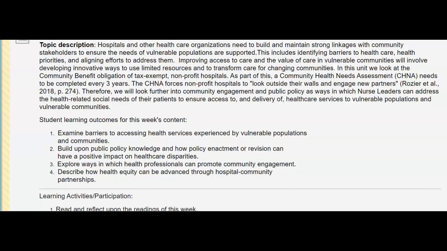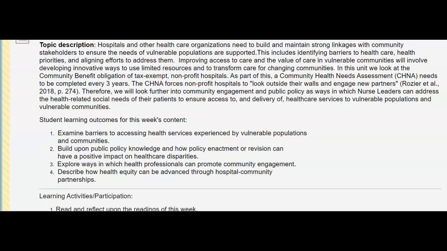So as we assess for health-related social needs, this is going to better enable vulnerable populations to access care and to access quality of care.